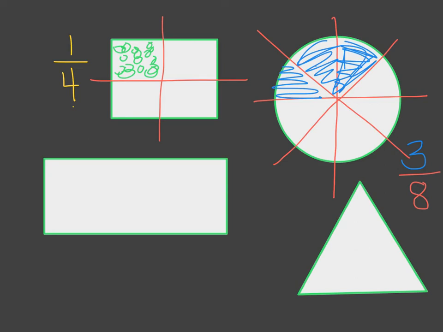Let's take a look at this rectangle. I want you to think in your head, or you can say it out loud, how many equal pieces did Mrs. Langamo just cut that rectangle into? And if you said 3, you would be correct. So we are dealing with thirds.